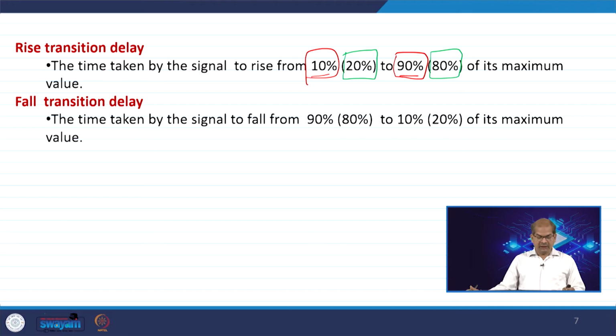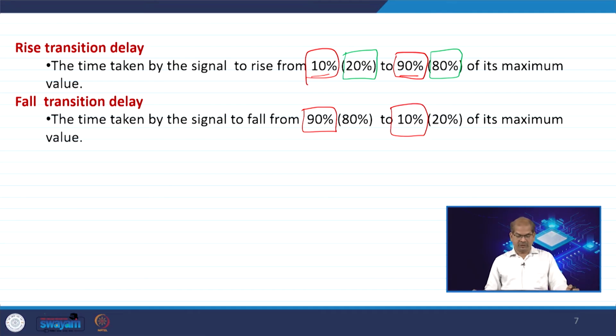Similarly, fall transition is taken for the signal from 90% to 10% or 80% to 20% of its maximum value.